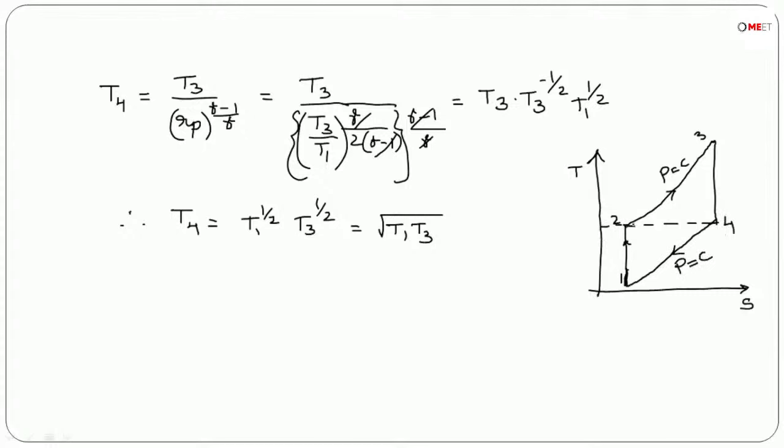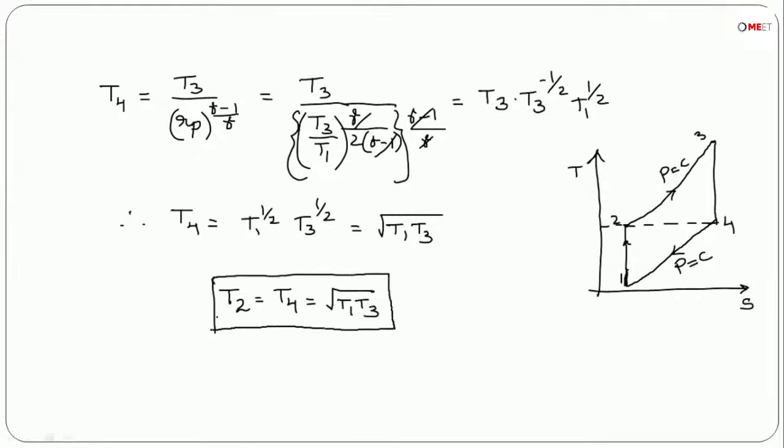So when we come across maximum work done condition, then only T2 is equal to T4, which is equal to under root of T1 T3. Only for maximum work done condition this is correct. Otherwise T4 will be greater than T2 in normal cases.